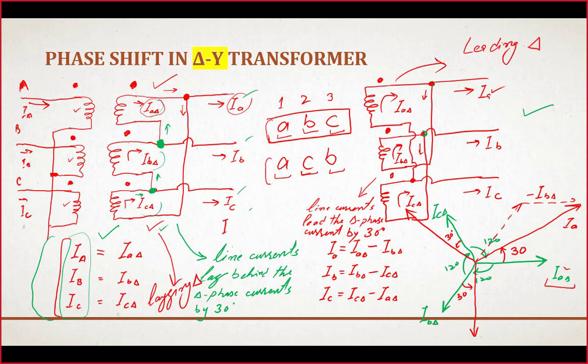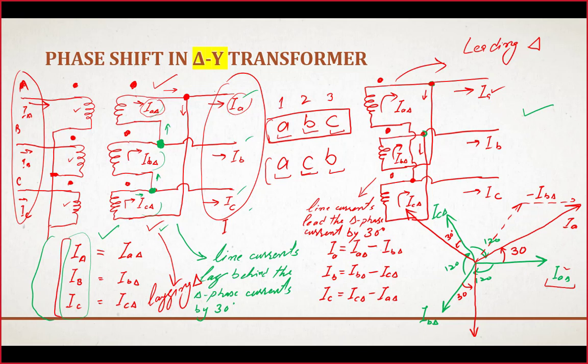Now due to this connection of delta in lagging delta or leading delta, we have seen there will be a phase difference between the line currents of two sides of a power transformer which has a delta Y winding. Now the question is, which side quantity will lead or lag?